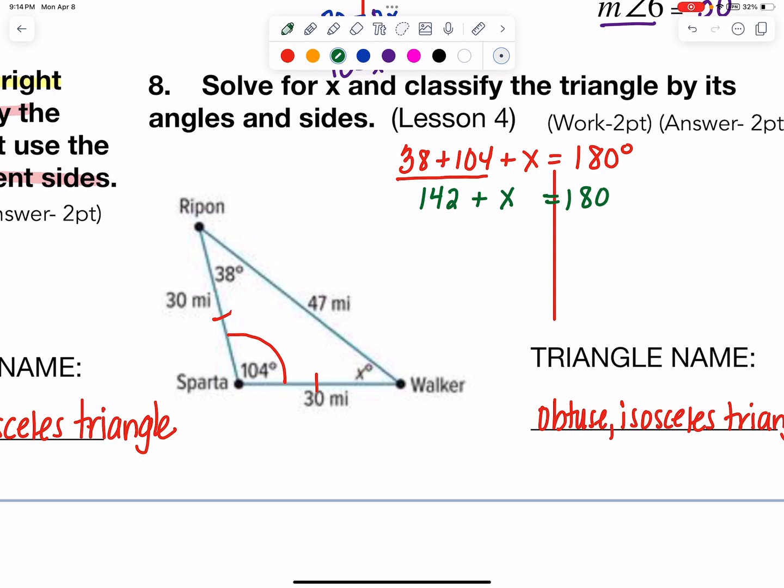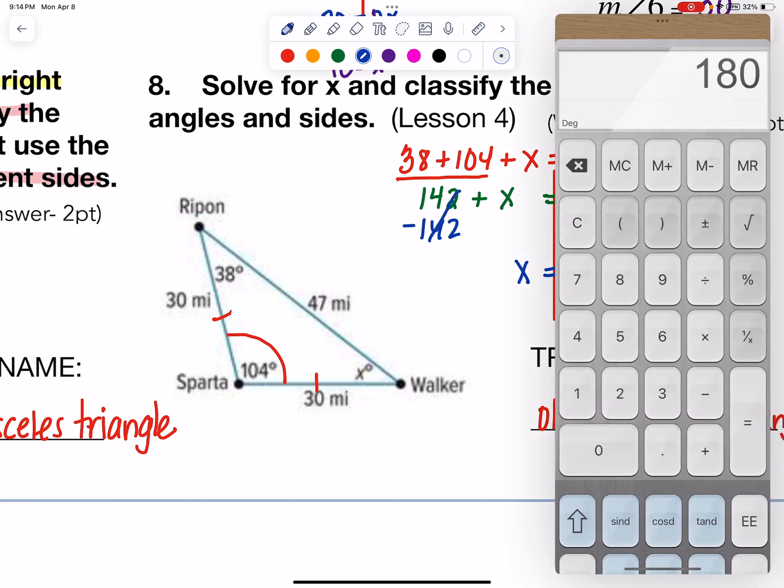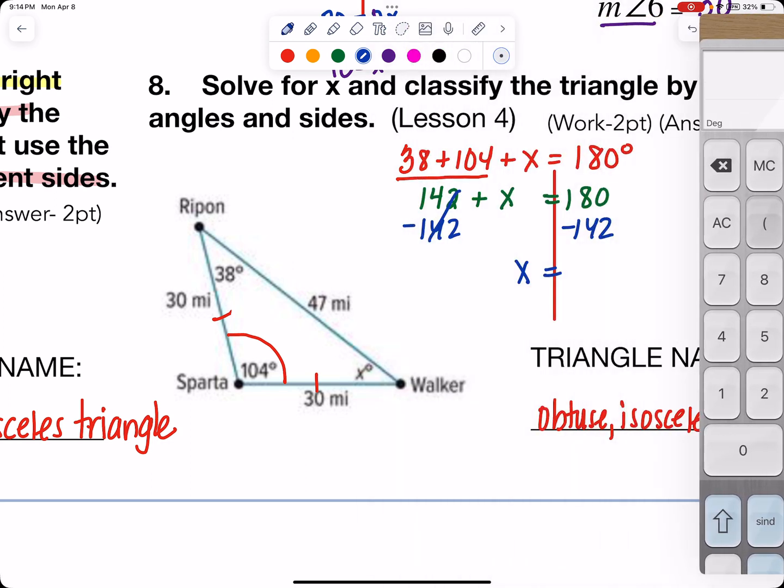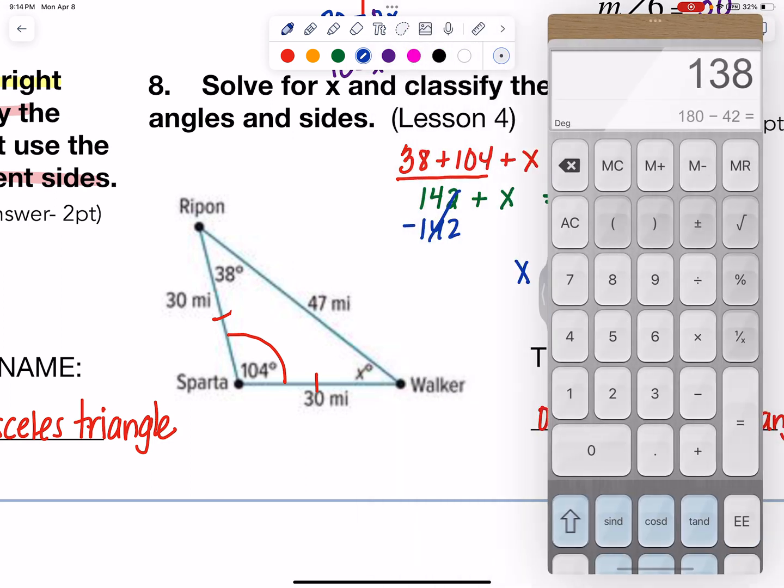And now I can go ahead and subtract. 180 minus 142, what does x equal? 180 minus 42 is 138. And so that can't be right. That means I must have typed something wrong, right? Because we can't have 2 obtuse angles.